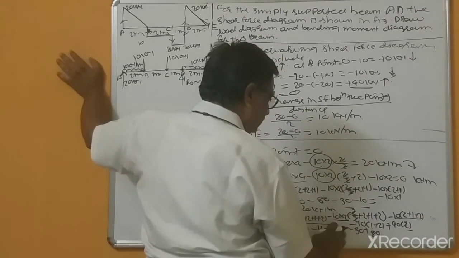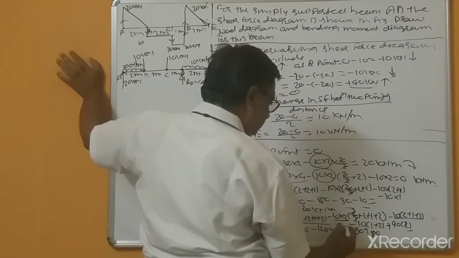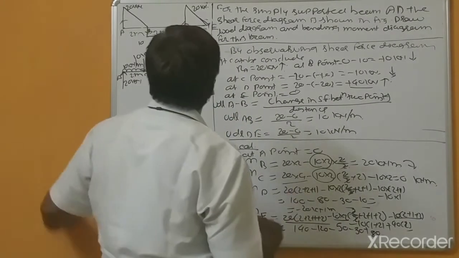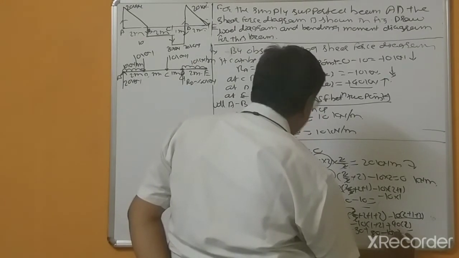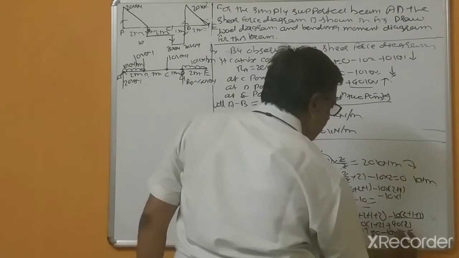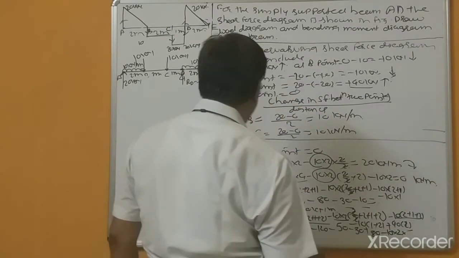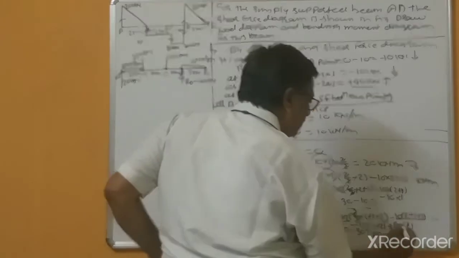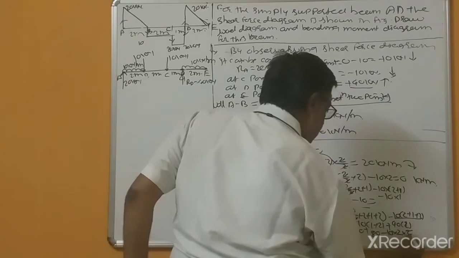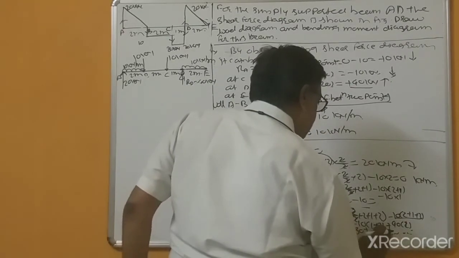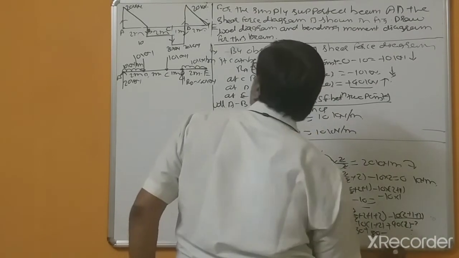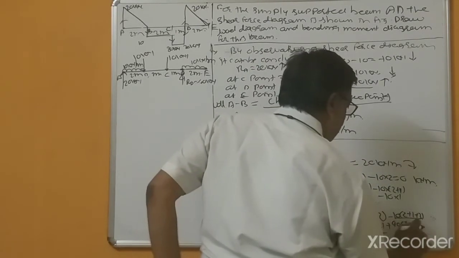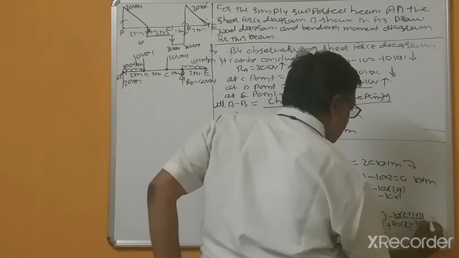This is 50. Minus UDL, 10 into 2 divided by half of its distance. And this is 2 divided by 2. Here you can consider 10 into 2, 2 divided by 2.